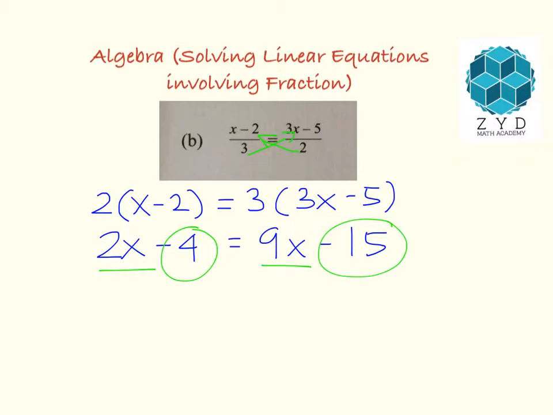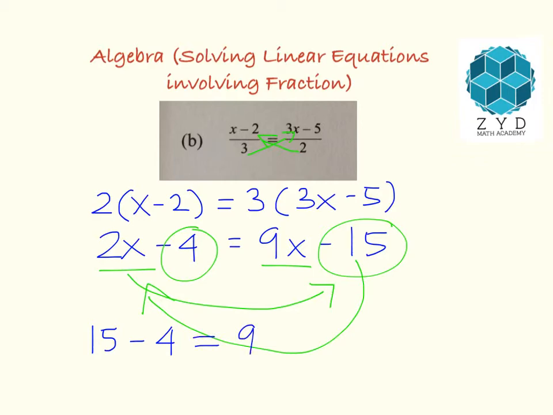From my observation, I know 9x is bigger than 2x, so I will bring this 2x to the right hand side, and I will bring this minus 15 to the left hand side. So on the left hand side I'm going to get 15 minus 4 equals 9x minus 2x.